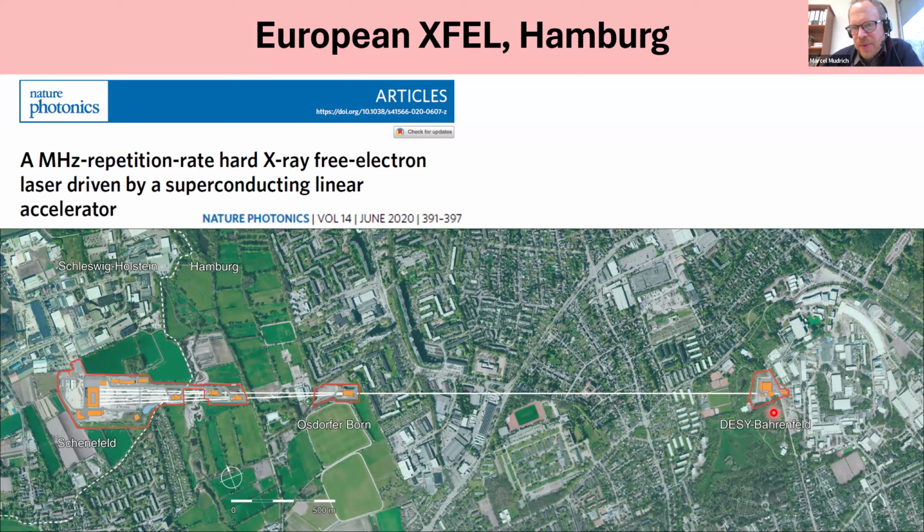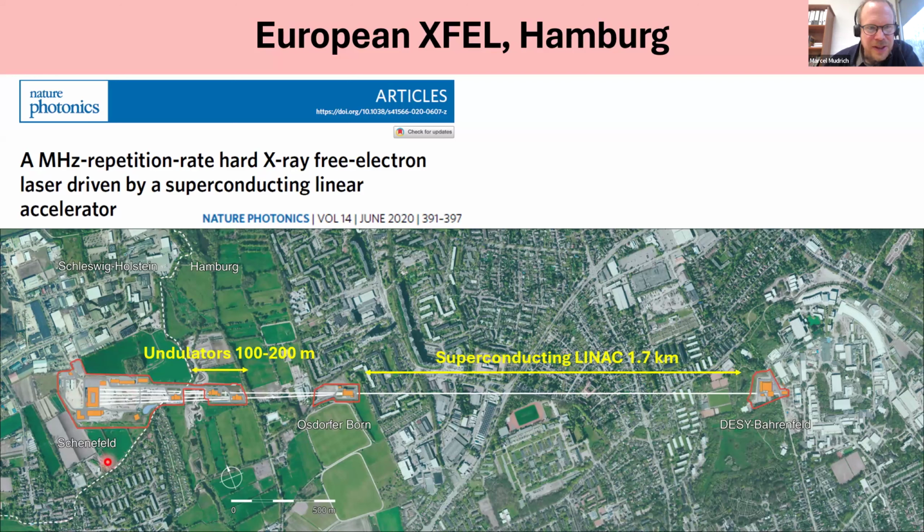So this is DESY campus, but then the whole free electron laser stretches a distance of 1.7 plus many hundreds of meters. So I think in total 3.5 kilometers, going actually across the border from the federal state of Hamburg into Schleswig-Holstein. So the experimental hall and all the beam lines are 3.5 kilometers away.